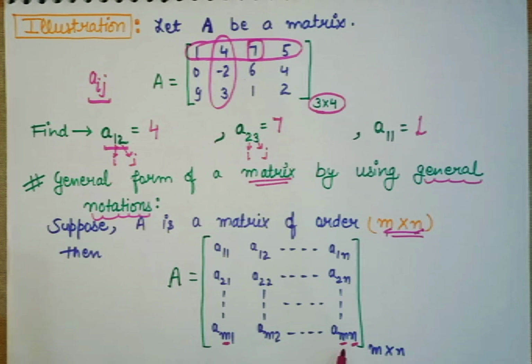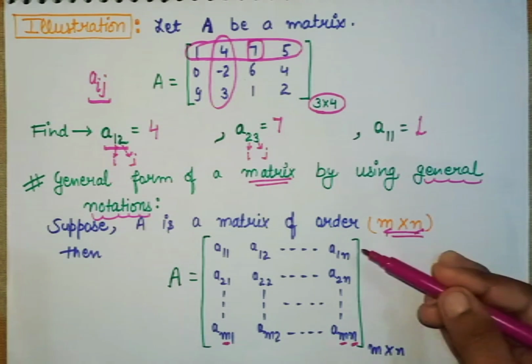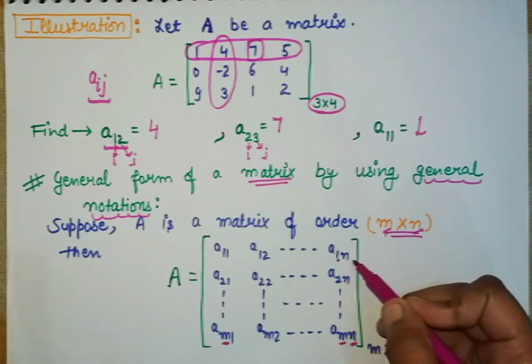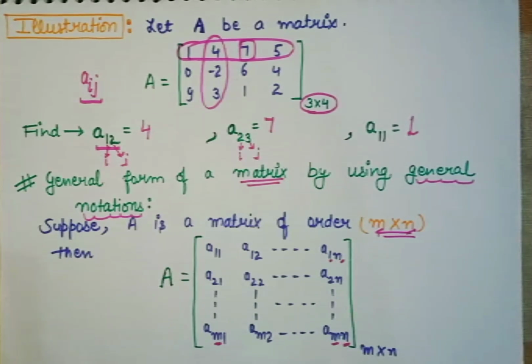Similarly, we can see amn, which means the element of the mth row and nth column. Also a1n, the element of the first row and nth column. I hope you will practice writing this general form of a matrix 3 to 4 times without looking. Then you will not be confused in the general notations.